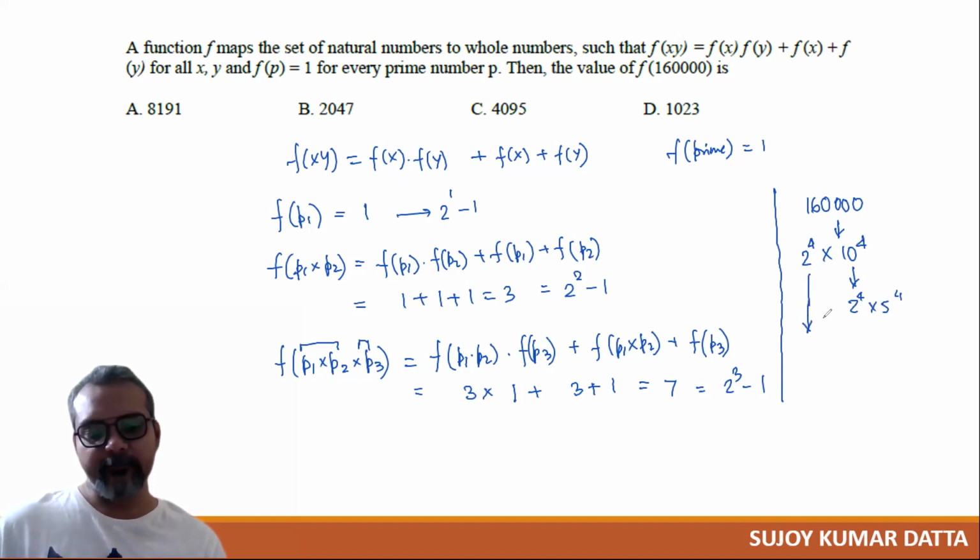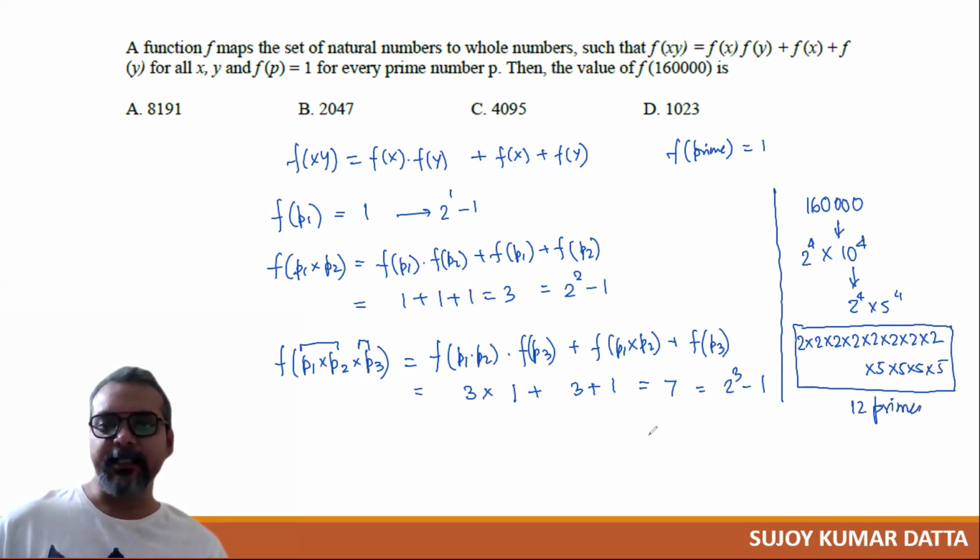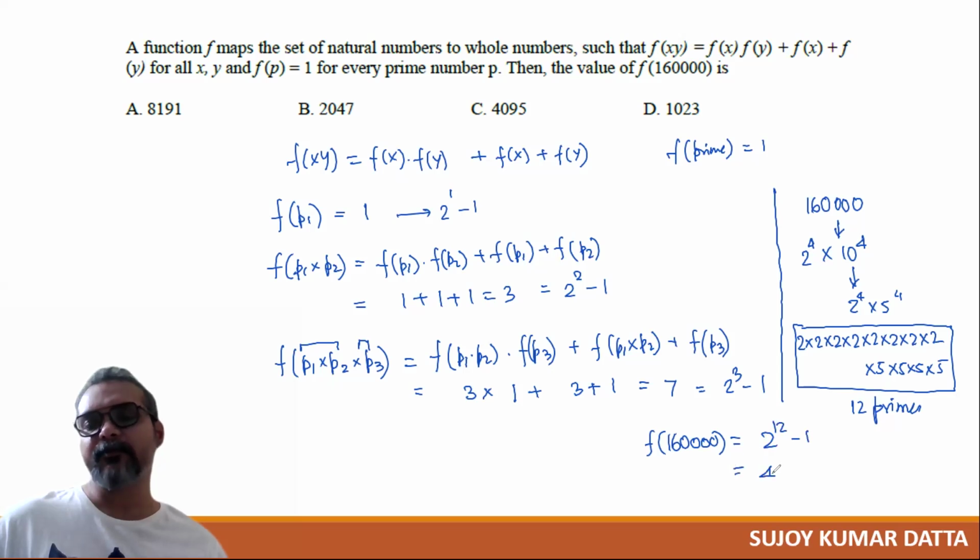So eventually, the whole thing can be split into a combination of 12 primes. Obviously, then the answer would become, for 3 primes, 2 cubed minus 1. For 12 primes, 2 to the power 12 minus 1. Now 2 to the power 12 is 4096 minus 1. So it is 4095. So that is the third option.